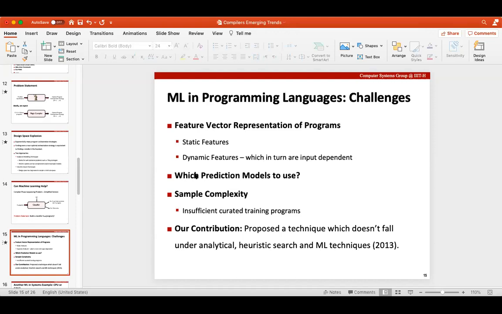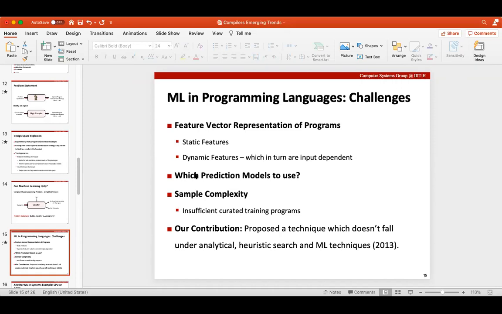So there is a plethora of problems here in applying machine learning in the context of programming languages. But in the last few years, there is a little bit of success in applying techniques used in NLP to programming languages. There is a little bit of success, but this whole area is completely open.